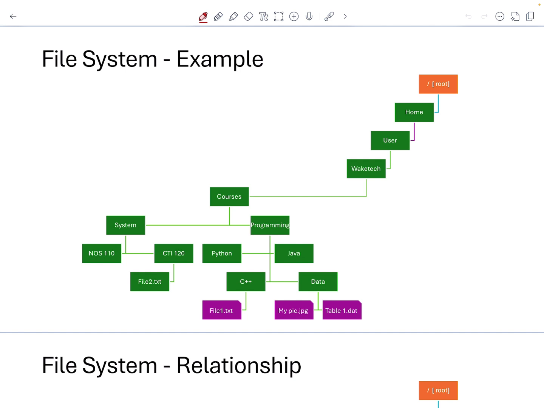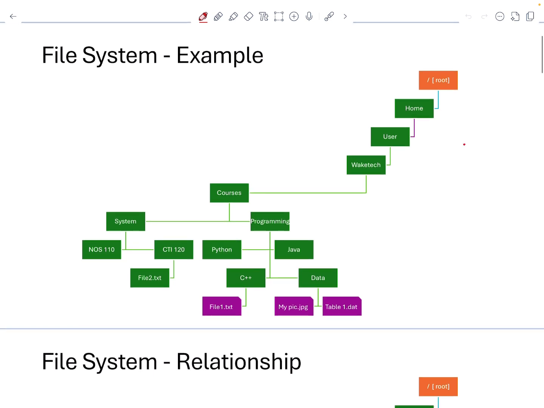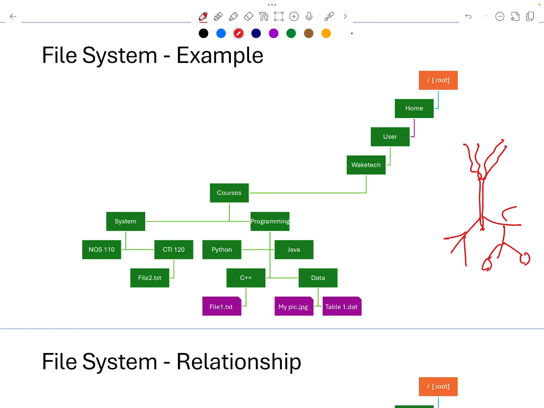In this file system, you might have noticed one interesting thing. It's very close to a natural tree, right? A tree is also a hierarchical thing. The tree has a root, and then it has a stem, and then various branches, and then they have leaves. It's the same analogy here. But the interesting thing is that normally in a tree the root is at the bottom and the branches and stem go up.